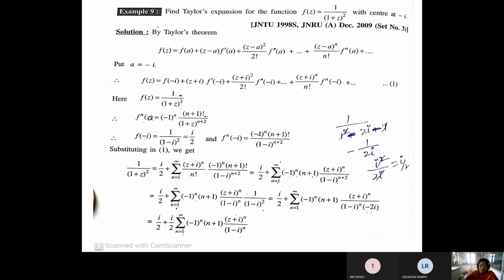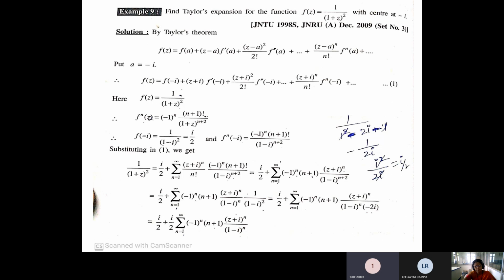In the theorem we have taken a as the center. Now the center is minus i, that means a equal to minus i. So this problem changes slightly because we have a complex number in the place of a. So we have to follow the main definition for this problem.